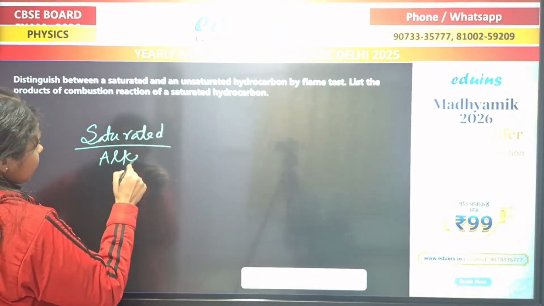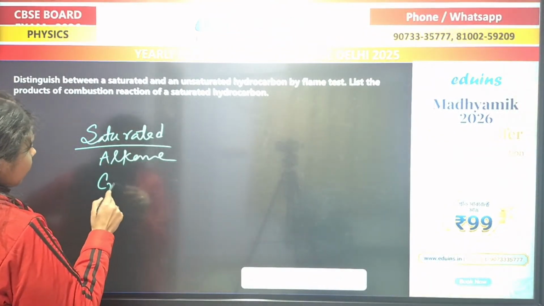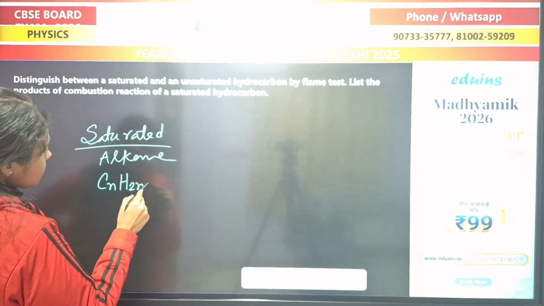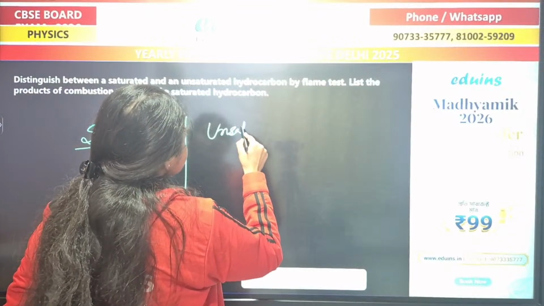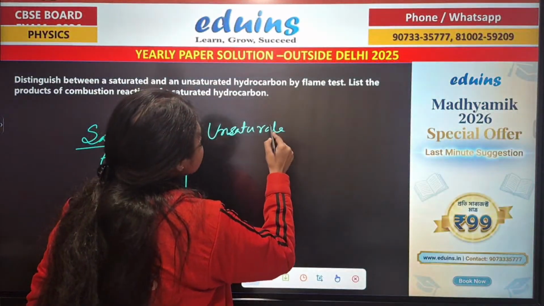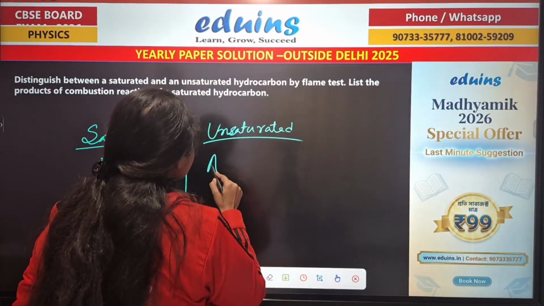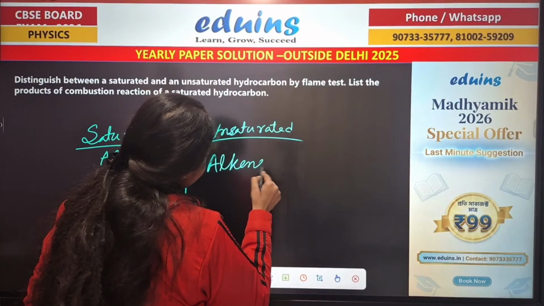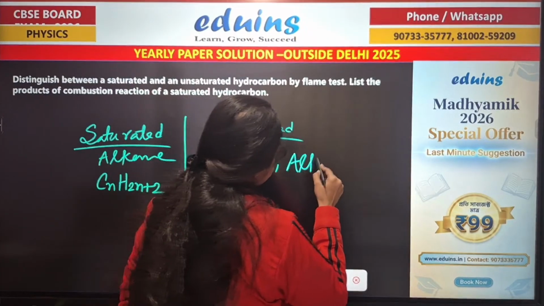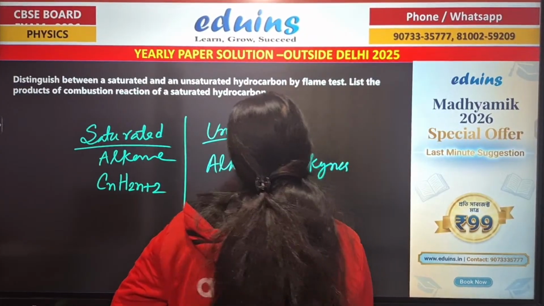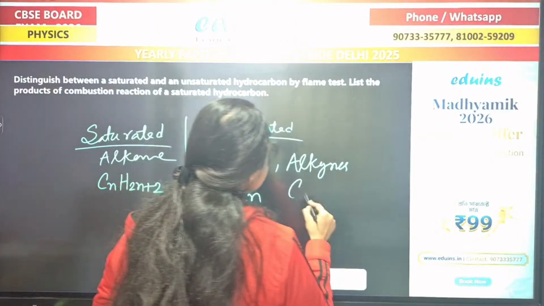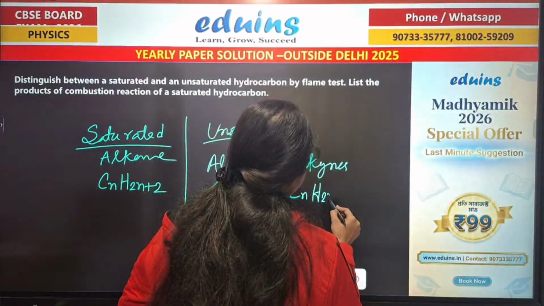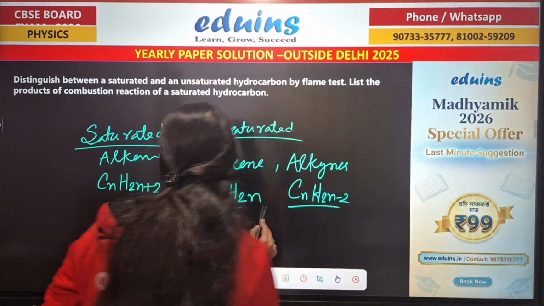So CnH2n+2 is the formula. And unsaturated hydrocarbons are alkenes and alkynes, with the formula CnH2n for alkenes, and for alkynes CnH2n-2. So what will be the answer?